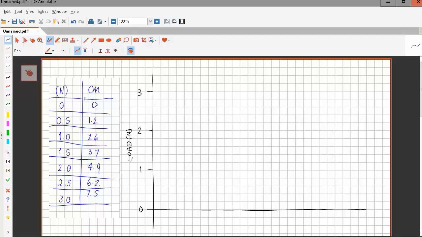The x-axis must go from 0 to 7.5. Let me count how many squares I have on the x-axis.